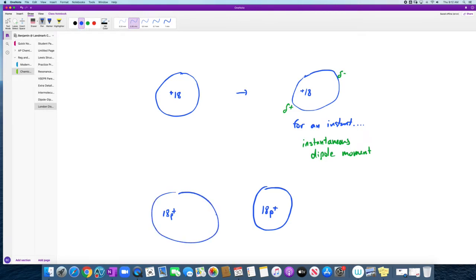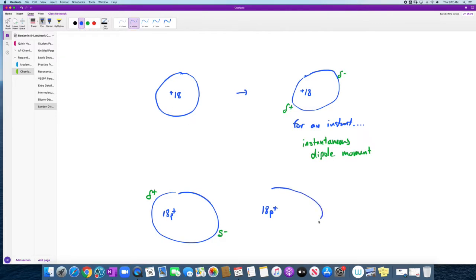Right? And this atom nearby, its electron cloud is going to be affected by what just happened right here. Suddenly these electrons have moved this direction randomly, and what happens is they sort of repel these electrons and they end up shifting.